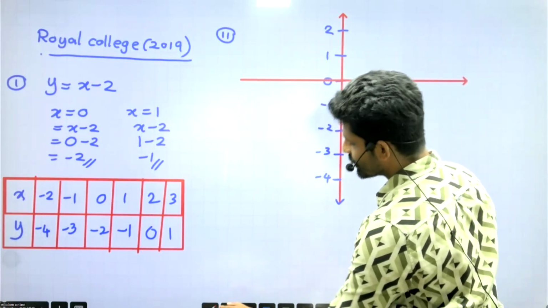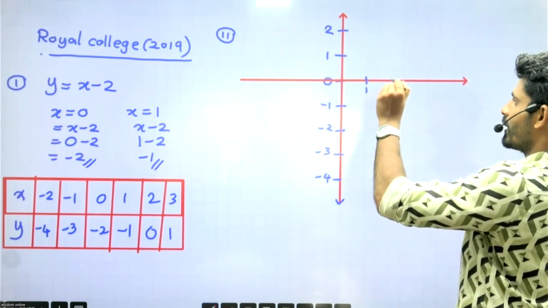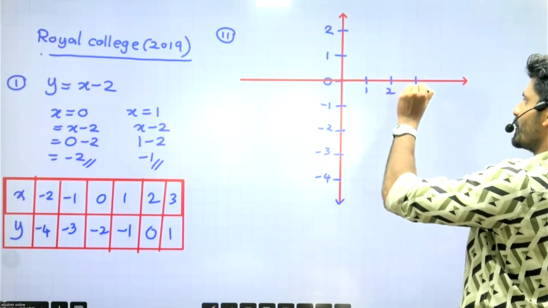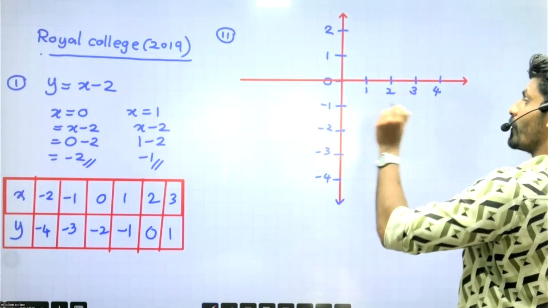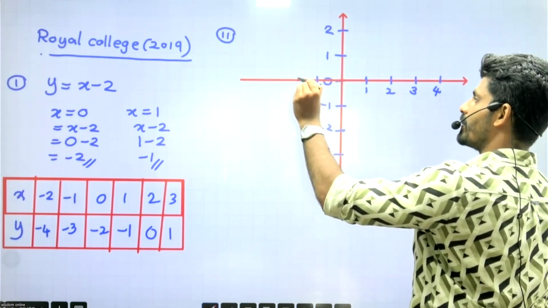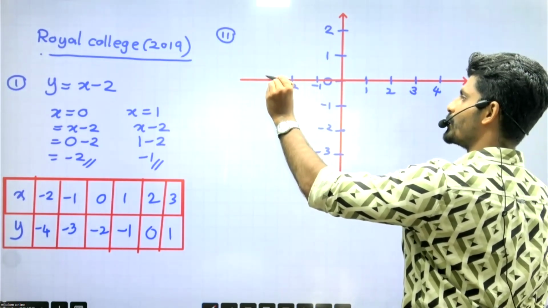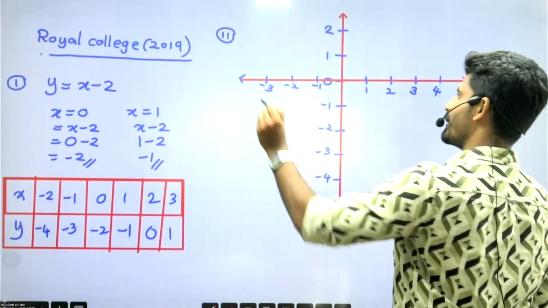Then 1, 2, 3, 4, and negative 1, negative 2, negative 3.